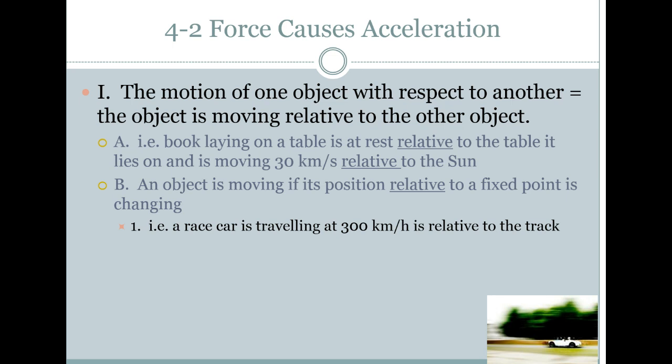When we discuss the motion of something, we would describe its motion as relative to something else. An object is moving if its position relative to a fixed point is changing. When we say that a space shuttle moves at 8 kilometers per second, we mean its movement relative to Earth below.